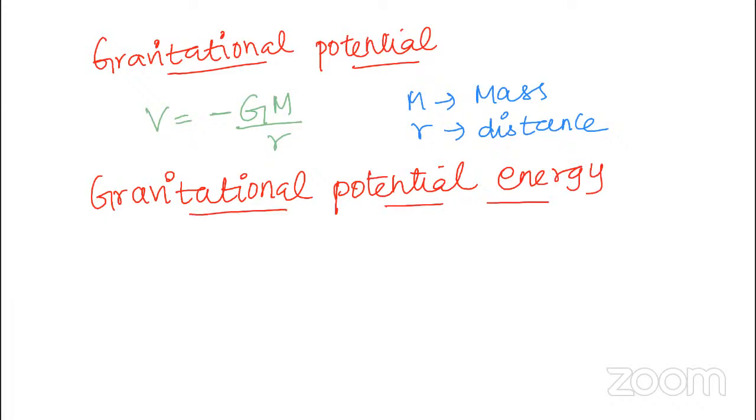When we comment we can work it out in the notebook; no unwanted comments are needed. Right? U is equal to minus of G into M1 M2, that is two masses, M1 M2 divided by R. Suppose in a problem they are asking for the gravitational potential energy, we use this formula.